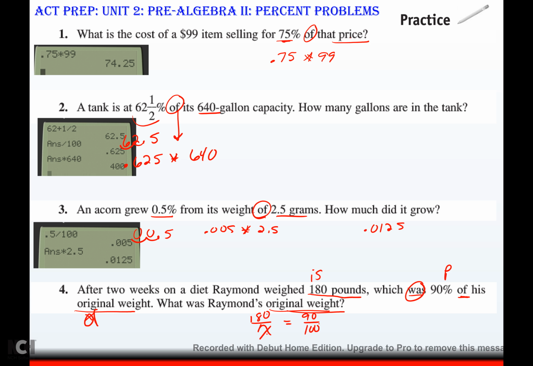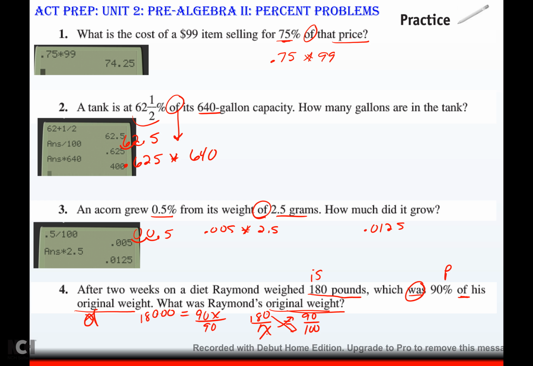So now when I cross multiply, I'm going to have 180x, no wait. 180 times 100 is 18,000, equals 90x.